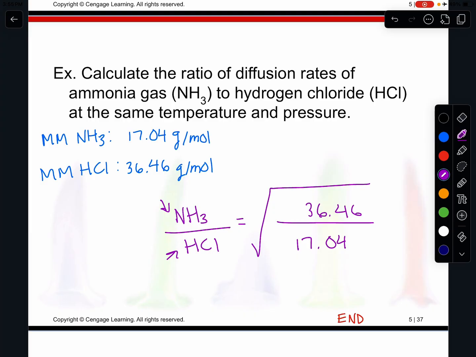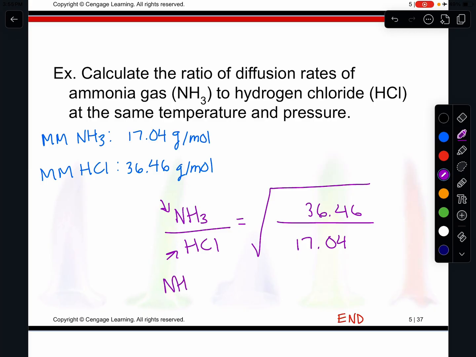So 36.46 divided by 17.04. Then I'm going to take a square root of that. Remember, you can always raise something to the half power if you're having trouble with any sort of square, or you're welcome to ask me.